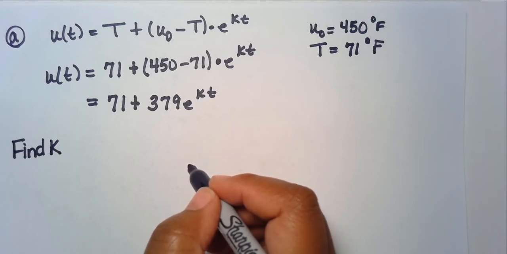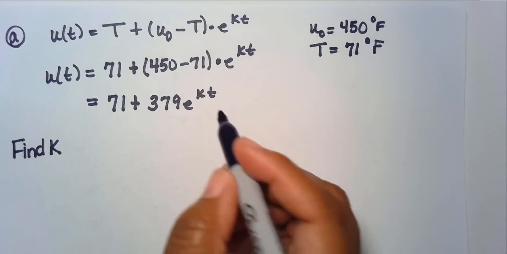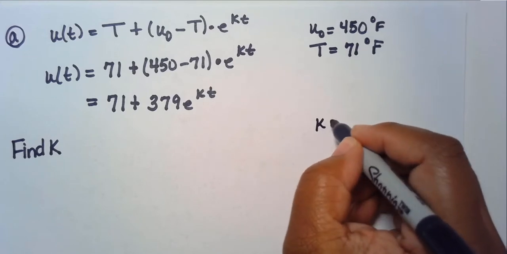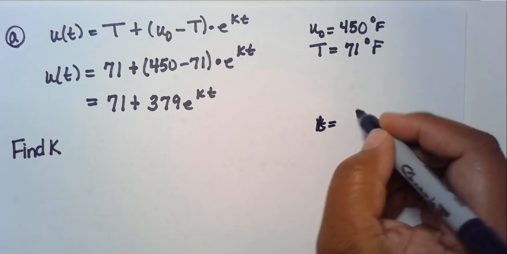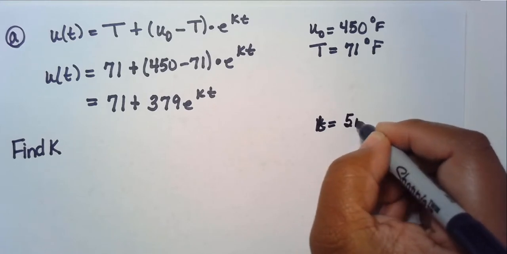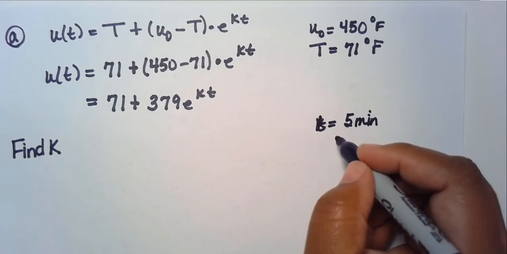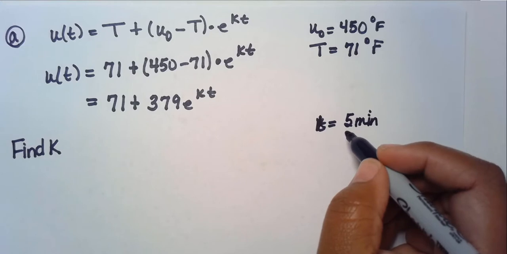Now, if you look at the last sentence, it says after 5 minutes the pizza pan is 300 degrees Fahrenheit. So we're going to substitute 5 minutes in for t. And then we also have the temperature at that time, which is 300.